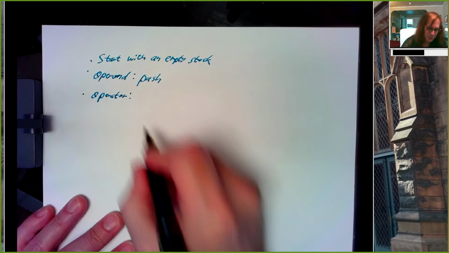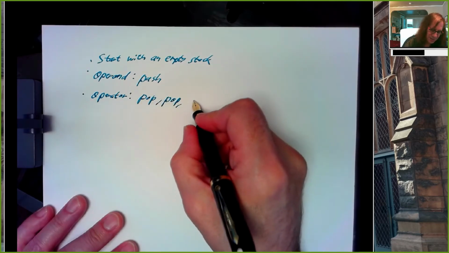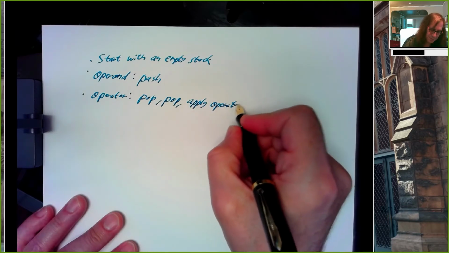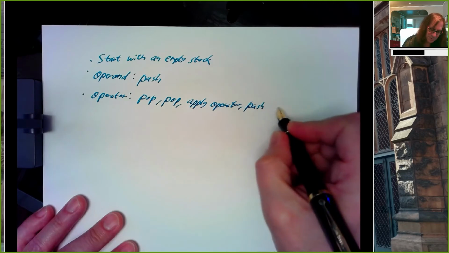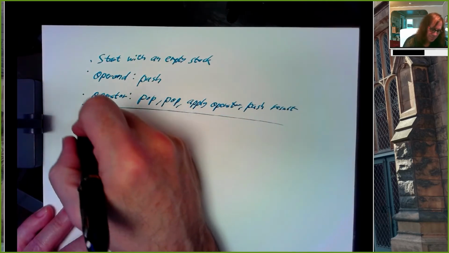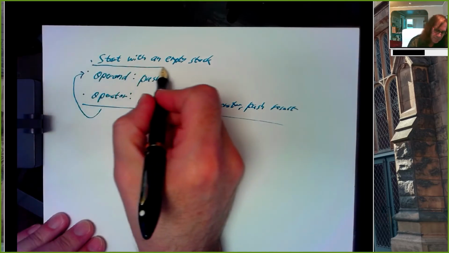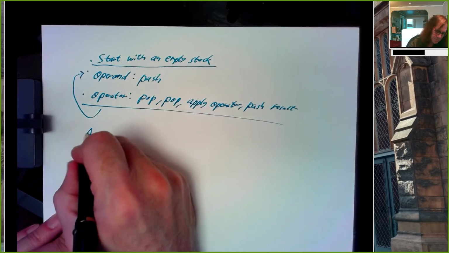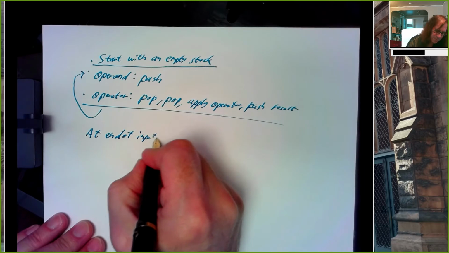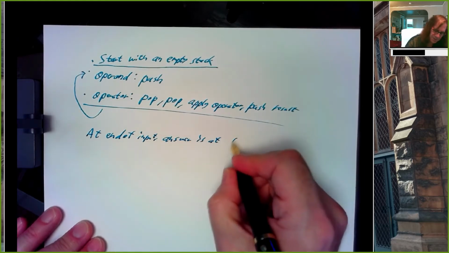If you see an operator, pop 2 things off the stack, apply the operator, push the result. And just do that in a loop. And then at the end of the input, the answer is at the top of the stack.